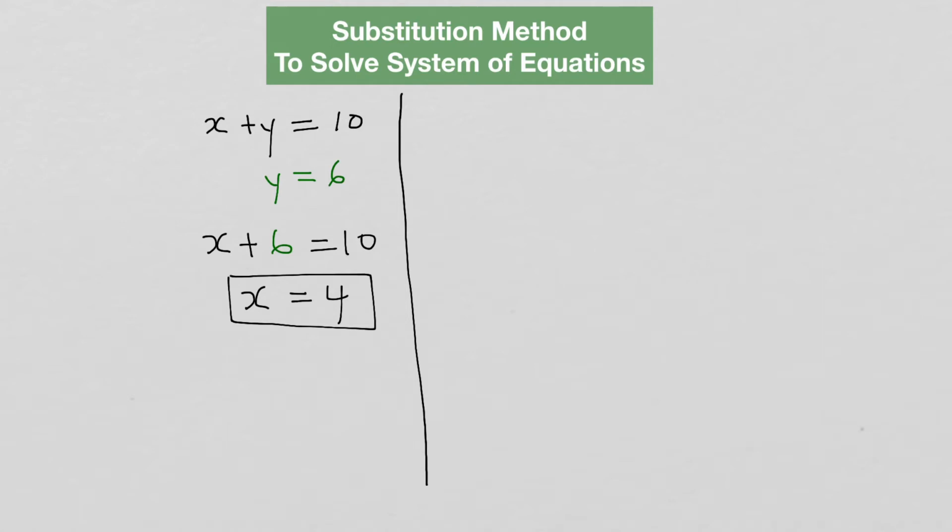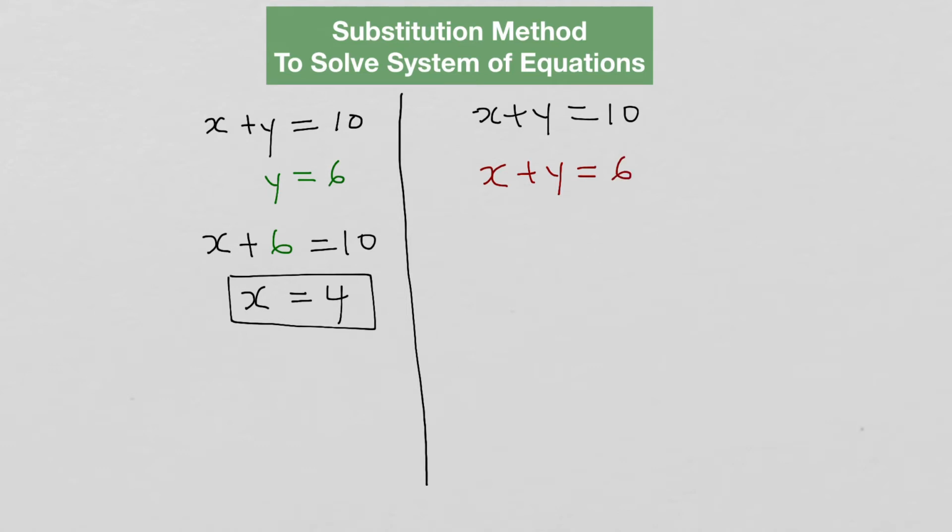Now, let's suppose we have the same exact equation, x plus y is equal to 10. But this time, we have a different equation for the second one, and that is x plus y is equal to 6.